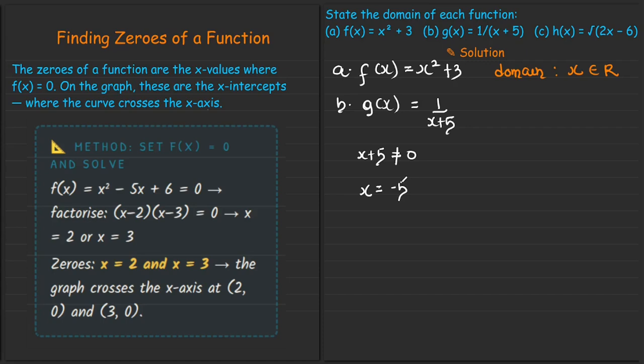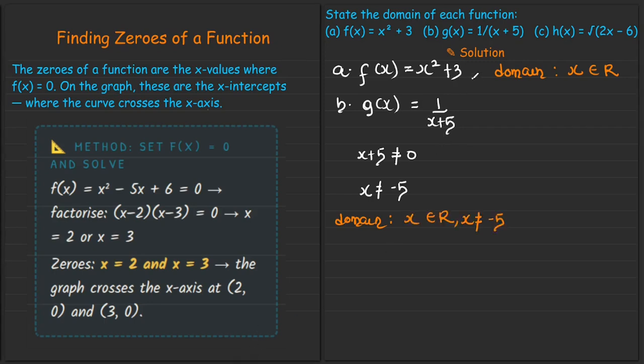Negative 5. So this is how we conclude. We say our domain is what? X is an element of real numbers, but then x can never be equal to what? Negative 5. Because if you put x to be negative 5, this whole thing becomes 1 over negative 5 plus 5, which is 1 over 0. That doesn't exist. Do you see?